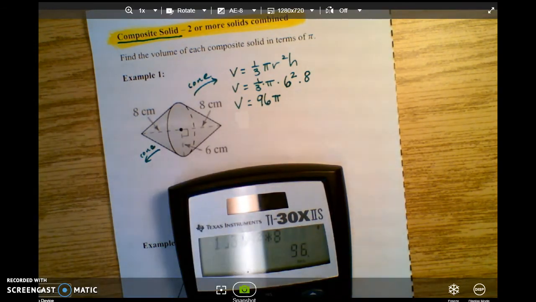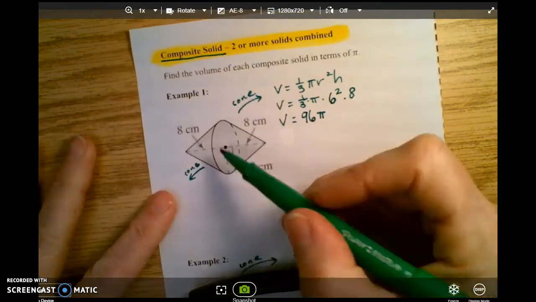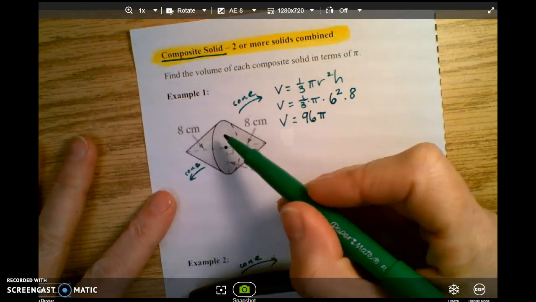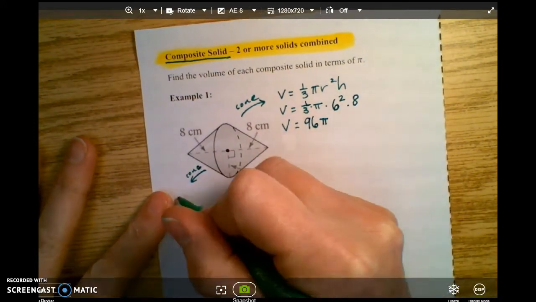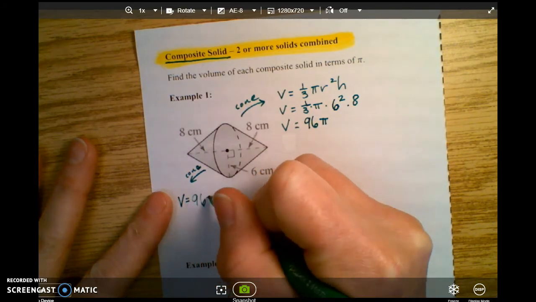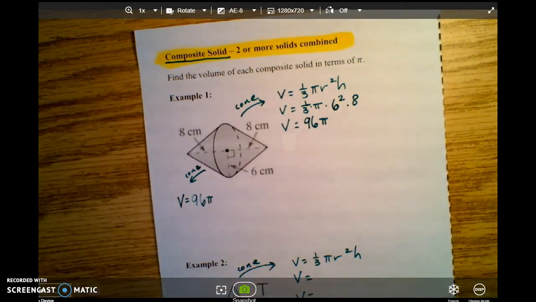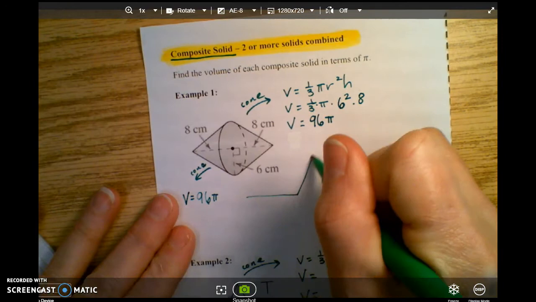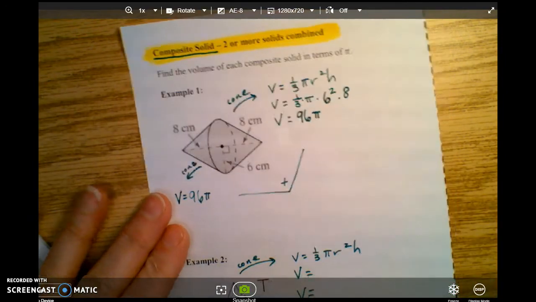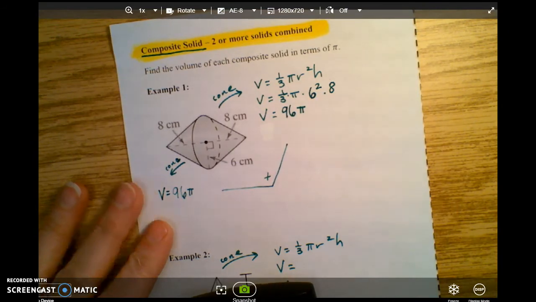So guys, the other cone in this diagram, remember, has the same circular base with the same size radius. It also has the same height. So we know the volume of the other cone that is glued to this is also going to be 96 pi. So again, it saves us a little work because we don't have to calculate this two different times. What we do have to do is add together our two volumes that both came out to be 96 pi.